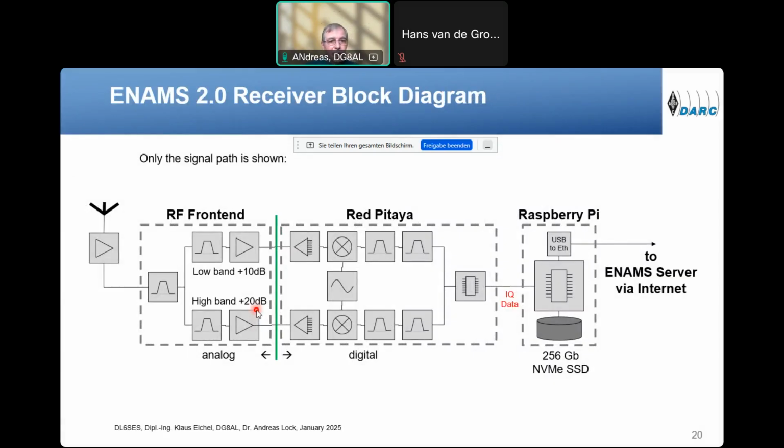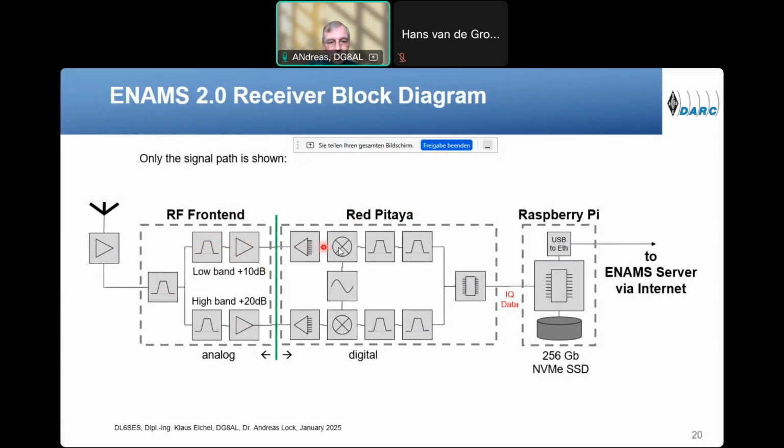So this diagram shows the signal path only, it's a block diagram. We have the active antenna, we have the low pass filter, we have the different paths, the low band and the high band with the different gains of the band amplifiers.